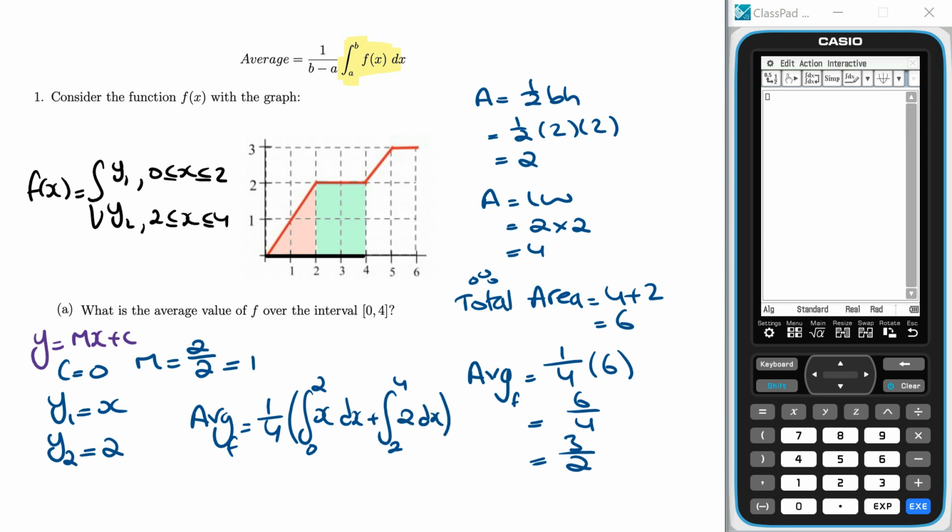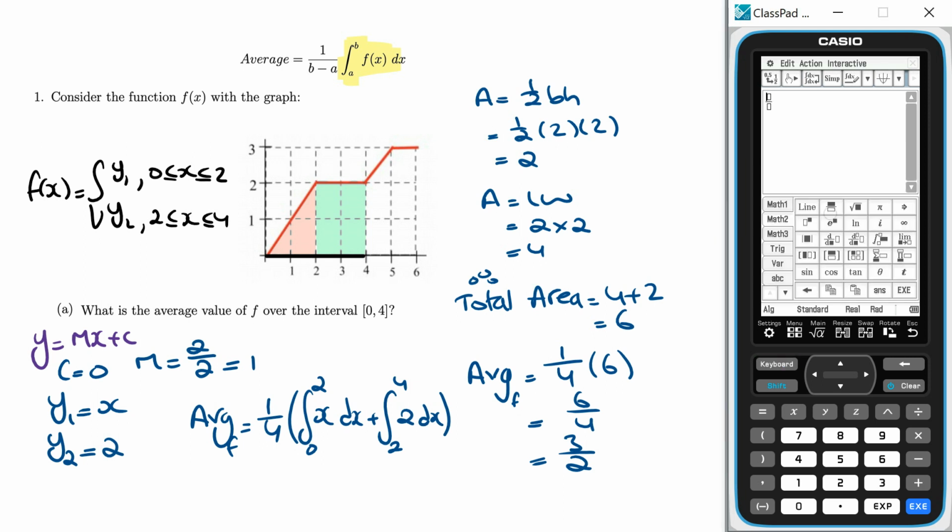Setting this up in the calculator, we can work this out, and say this is equal to 3 on 2.